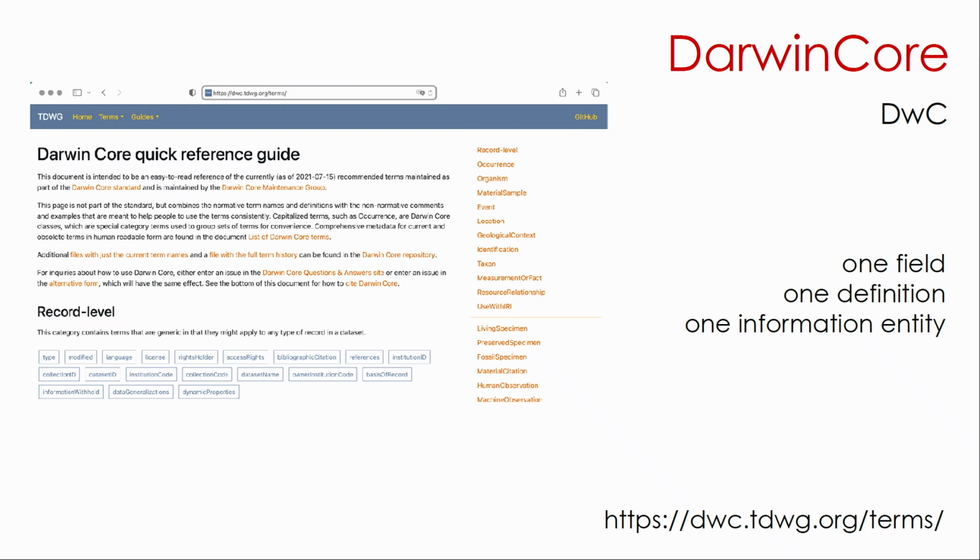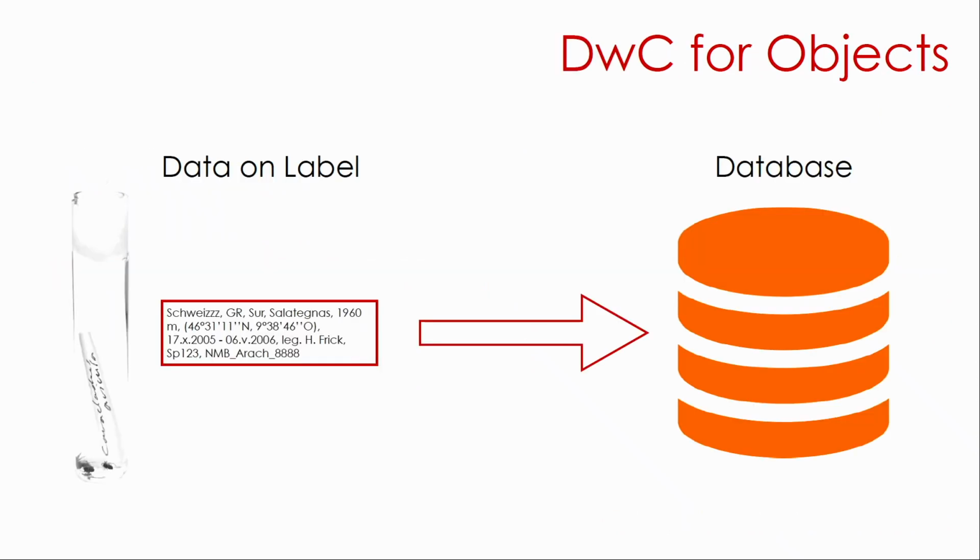What Darwin Core does is nothing else but for every column, it gives you a definition of what to type in there, so that everyone, no matter where, puts in the exact same data. That in the country column is actually the country and not the country with the canton and the location. It's very easy, actually. So, an example.